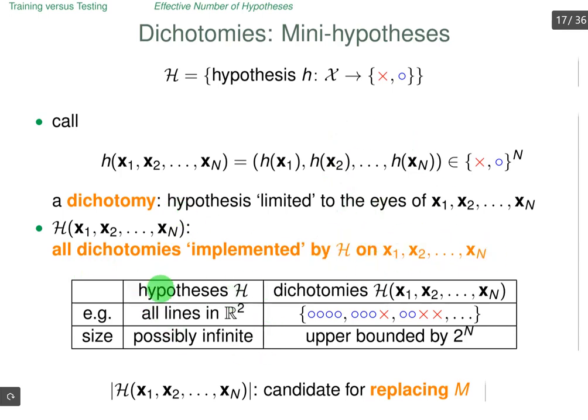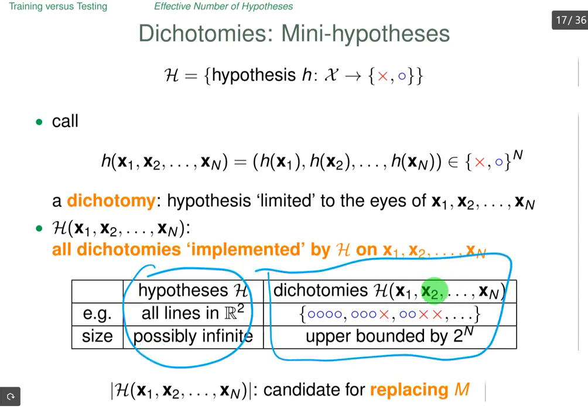If you compare all possible hypotheses and dichotomies, we see that in R2, hypotheses could correspond to all lines, and the size could be possibly infinite, while dichotomies are upper bounded by 2 to the m. And it's not all lines, but the hypotheses that are grouped by kind.